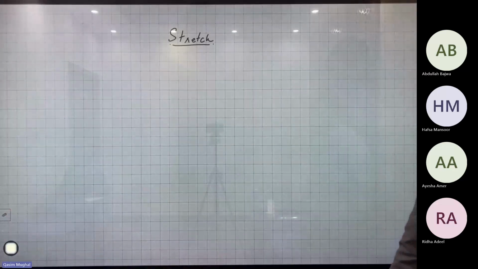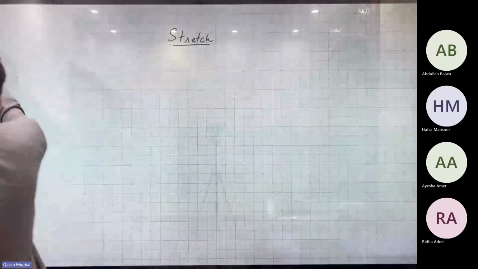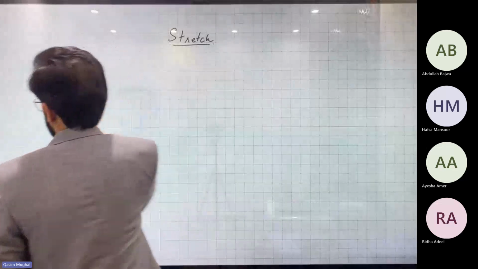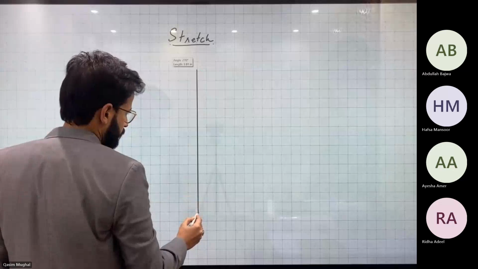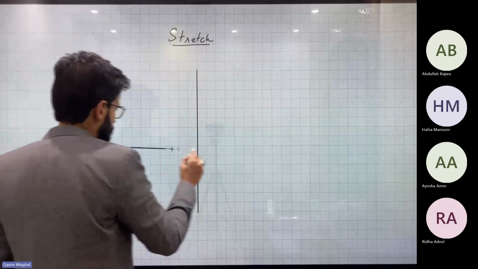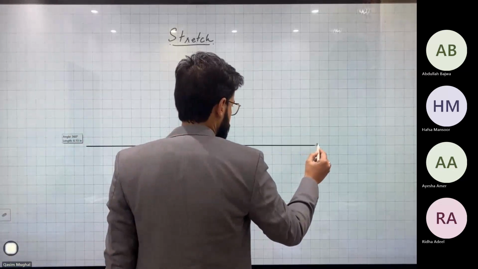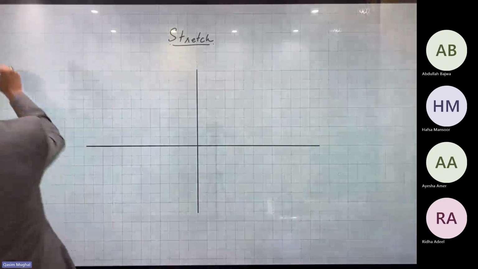ठीक हो गया? अच्छा जी, अब stretch वाले concept को देखें, हमने इसको graphically किस तरीके से लेके चलना है. I'm going to draw a Cartesian plane here. Let's suppose this is the Cartesian plane.